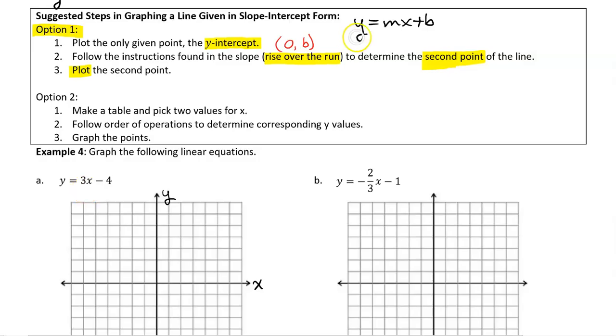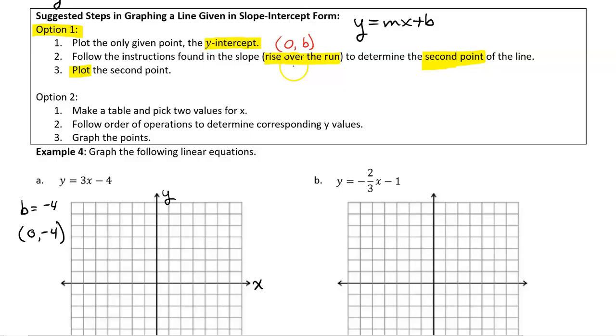Yes, and I know that not only because it's 3 times x minus 4, but because y is by itself. Remember, we said the slope-intercept form has y equals on its own. So in option 1, I'm going to need my y-intercept. My b value in my equation looks to be this minus 4. So as an ordered pair, I'm going to graph 0, negative 4.